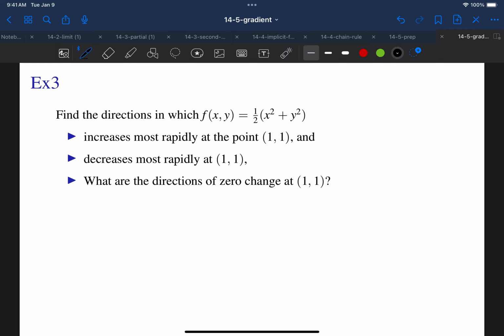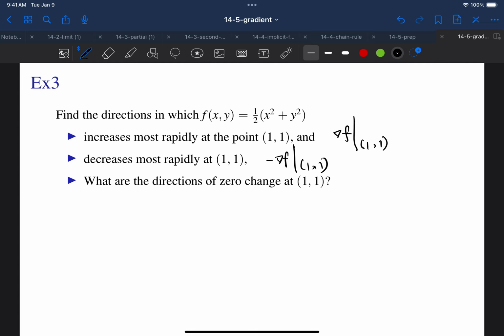Well, we can quickly write its formula. You need to go in the gradient f direction at (1, 1), which directs you to the rapid increase, and negative gradient f at (1, 1) gives you the downhill track, which decreases you.